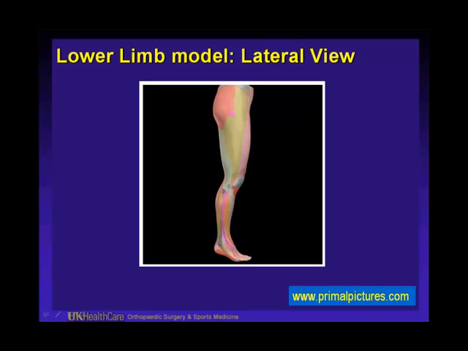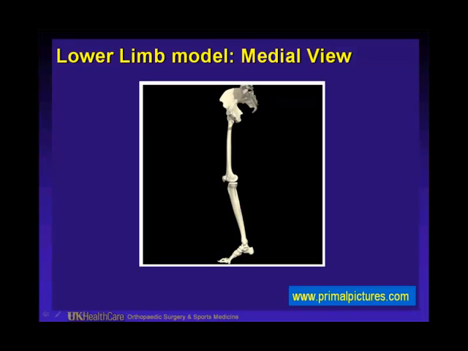And then we go into the dermatomes of the lower extremity, sensory dermatomes. When we get to the medial aspect of the knee, again a right knee, add the tendons, important stabilizing tendons.